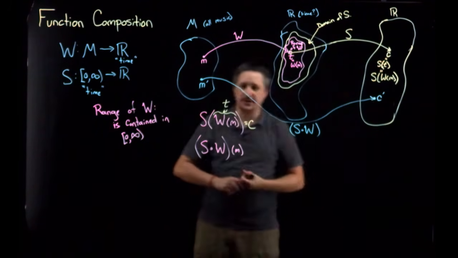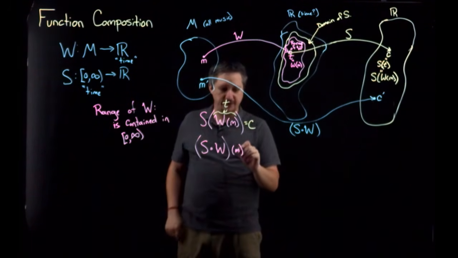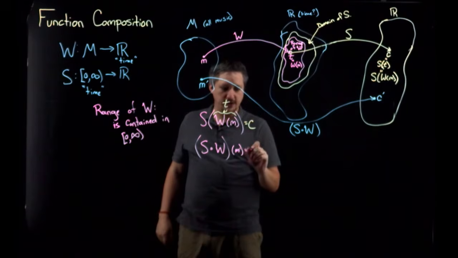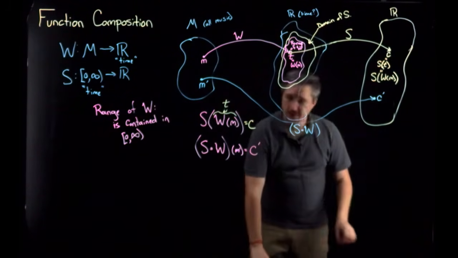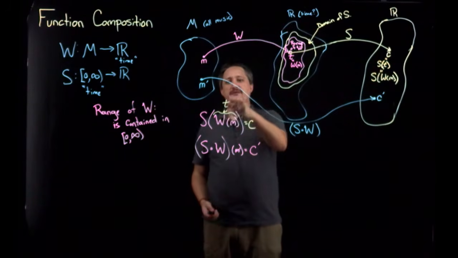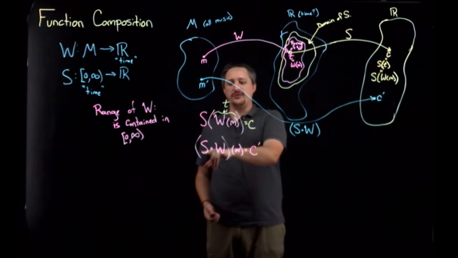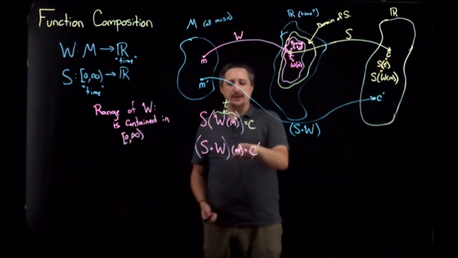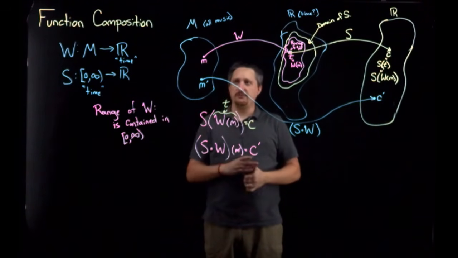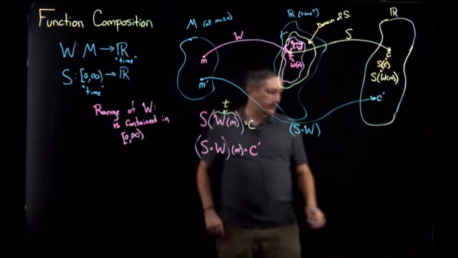So the input here, just to make the two different methods clear, I'm going to call m prime. I'm going to get some c prime here. So this notation is emphasizing the values in the individual maps, whereas this one is emphasizing that I'm making a new map, a new function, and applying it straight from the start to get straight to the end, okay?